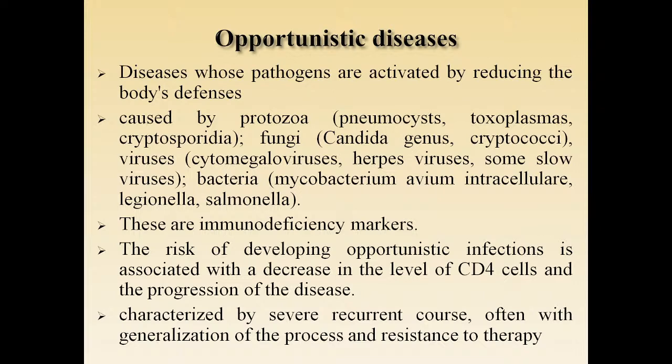Mechanism: total depression of the immune system. Opportunistic disease versus immunodeficiency markers. The risk of development of opportunistic infections is associated with a decrease in the level of CD4 cells and progression of the disease.